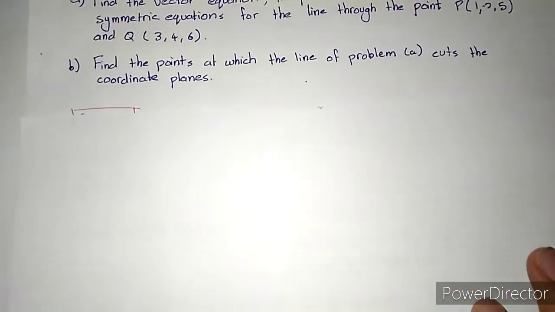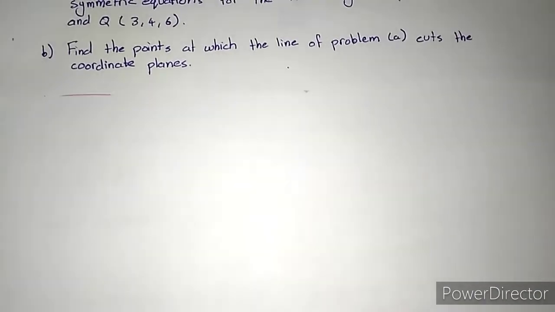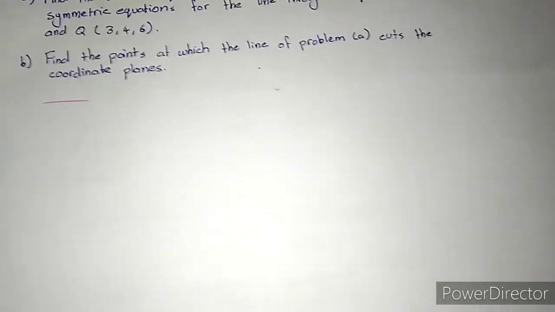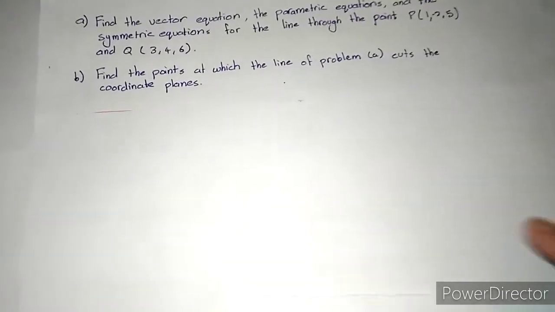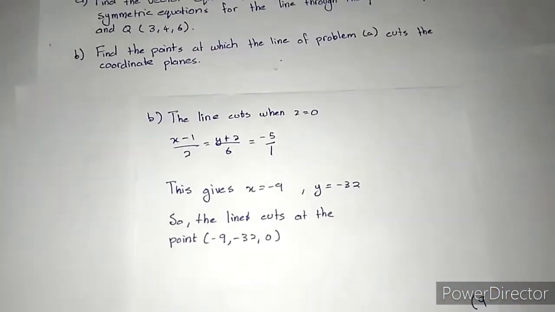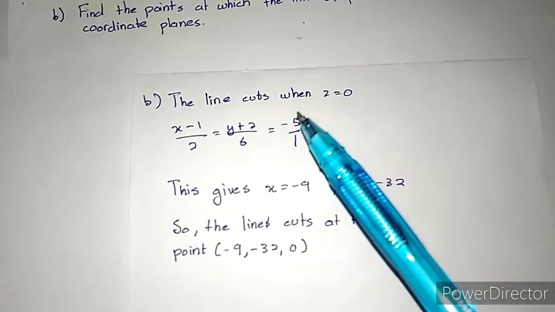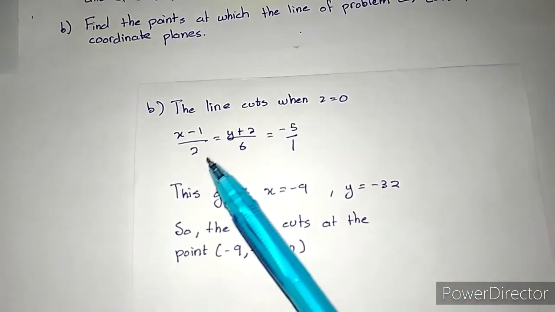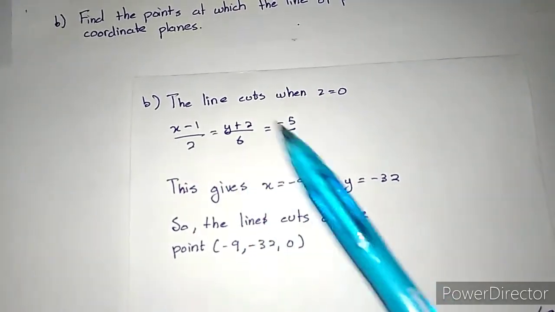Next, the question says that we need to find the points at which the line from part A cuts the coordinate planes. All we need to know is that the line cuts the xy-plane when z equals 0. So we take the symmetric equations, put z equal to 0, and we get this answer.